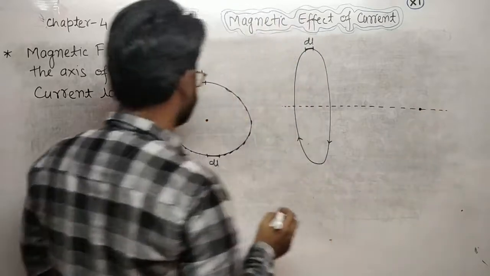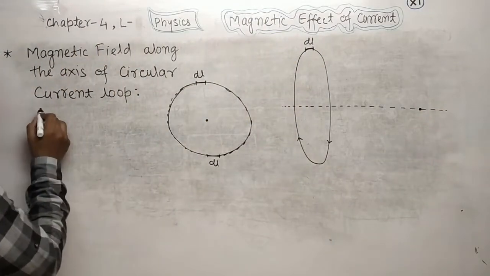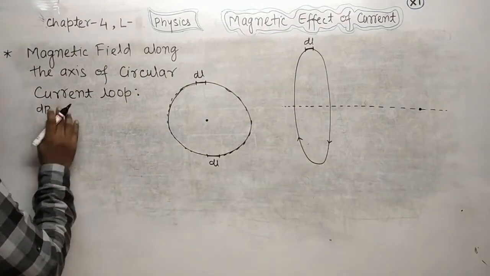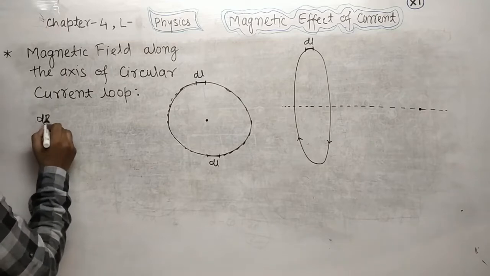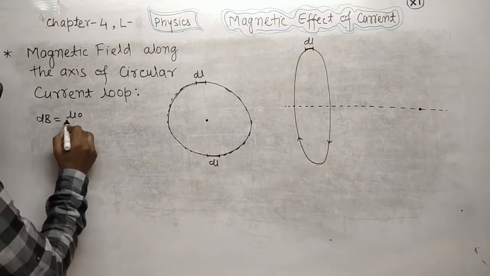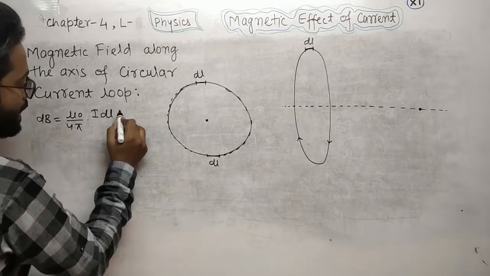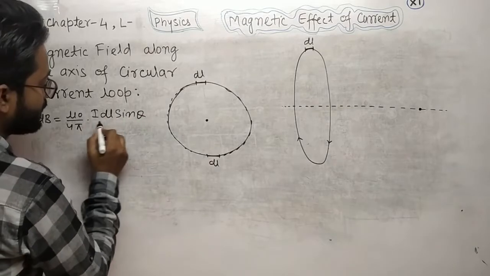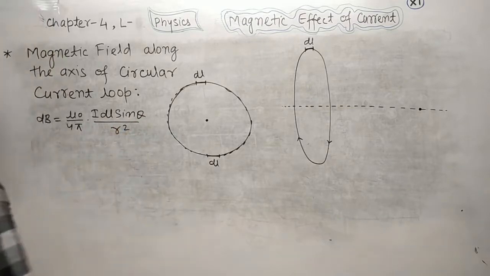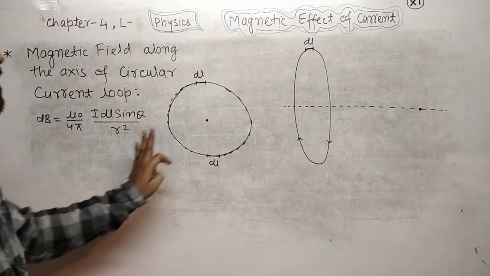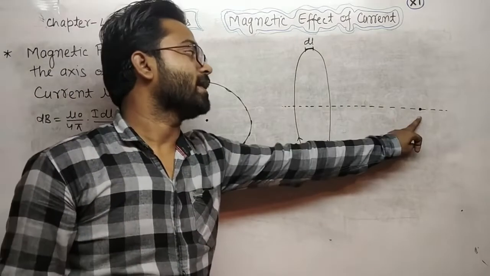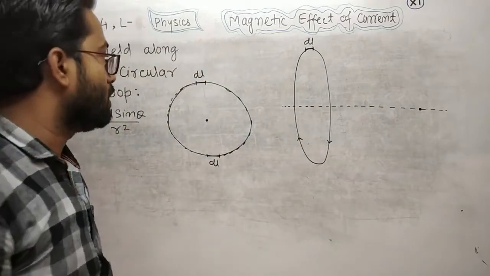Due to this particular part, we need to calculate the magnetic field at that point. We have the formula dB is equal to mu naught upon 4 pi, I dl sin theta upon r square. By this formula, we will calculate the magnetic field on the axis of a circular loop.